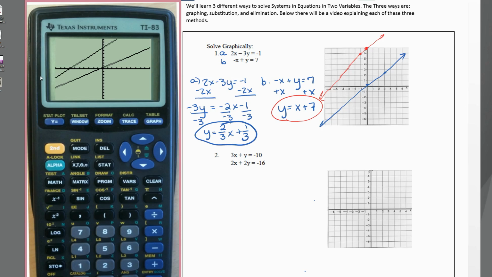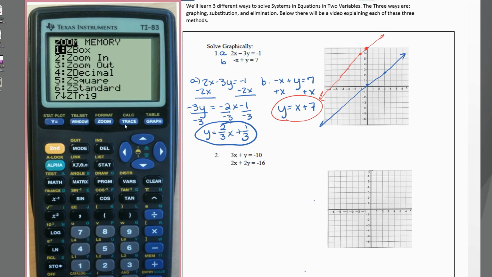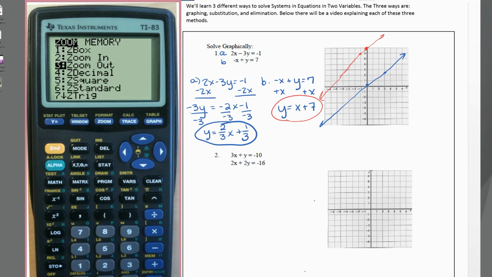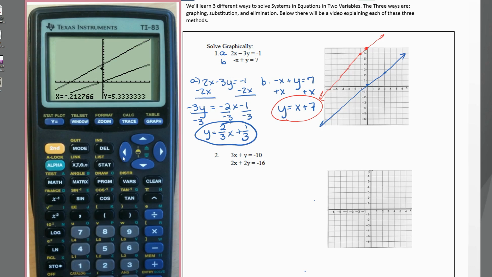We see that it's probably going to be happening over here. I'm going to hit zoom fit because it's going to try to guess and should give us the intersection. Oh, it still doesn't, so we're going to have to zoom out, and we know we want to be over here, so we're going to move the cursor to where we think it's going to happen. Now just hit enter.